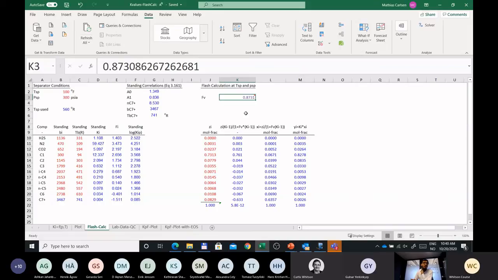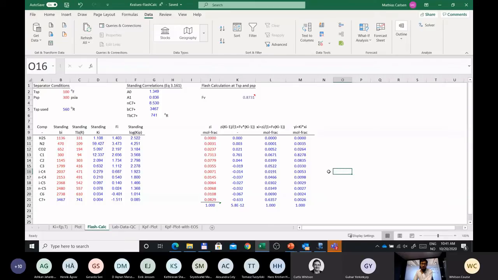So the vapor mole fraction between 0 and 1 indicates that you have 2 phases. Then it also gives you the amount of the 2 phases. If we have 1 mole of the total well stream, then you have these many moles in the vapor phase, and the rest is in the liquid phase. And the third thing is that it also gives you the composition of each phase, xi and yi.